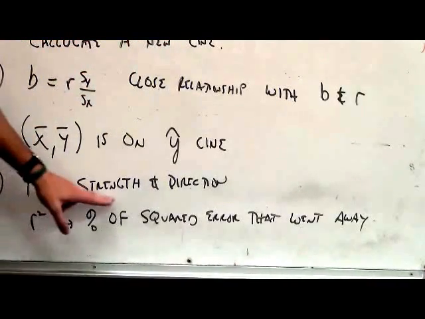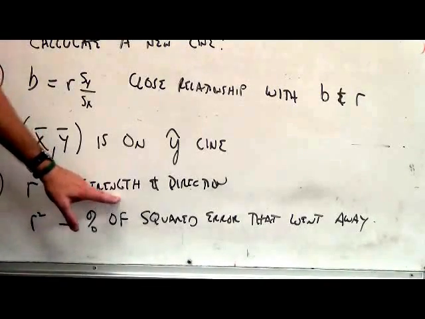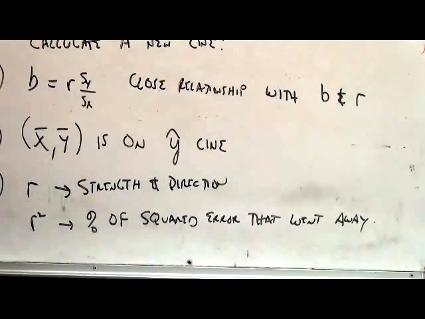R tells you how strong, remember weak, moderate, strong, how good the line is, and the direction, positive or negative. Whereas R squared tells you the percent of the bad stuff that went away. What percent of the bad stuff went away when I stopped just giving you the mean and I started plotting the points, comparing the minutes studied off the least squares regression line?